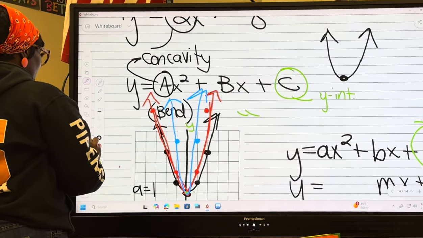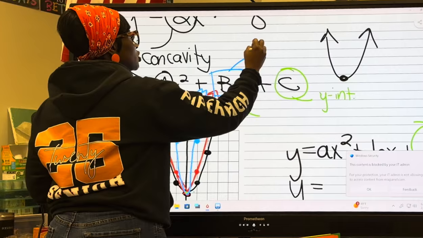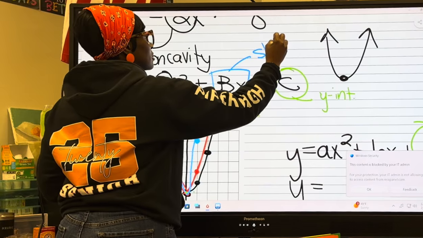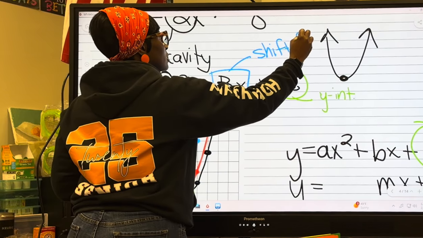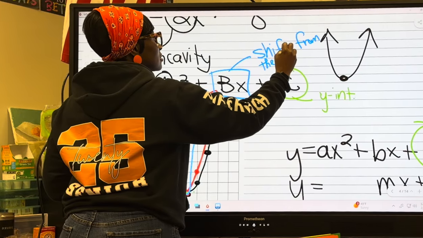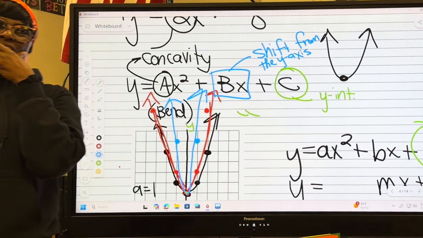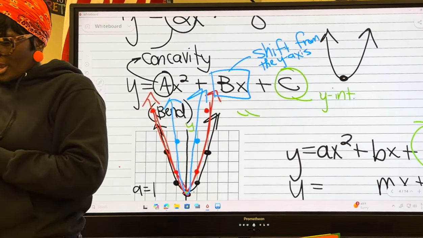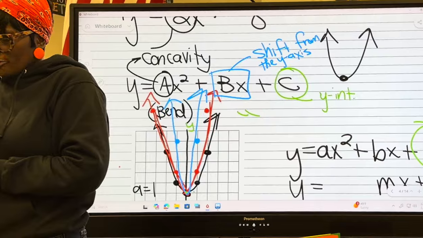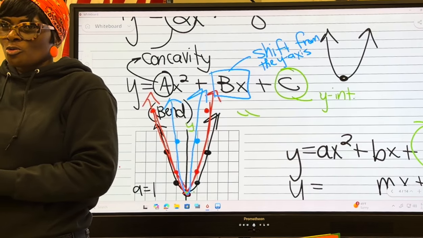B gives us our shift from the y-axis. It gives me my shift. It tells me, okay, did the vertex shift left or did the vertex shift right?